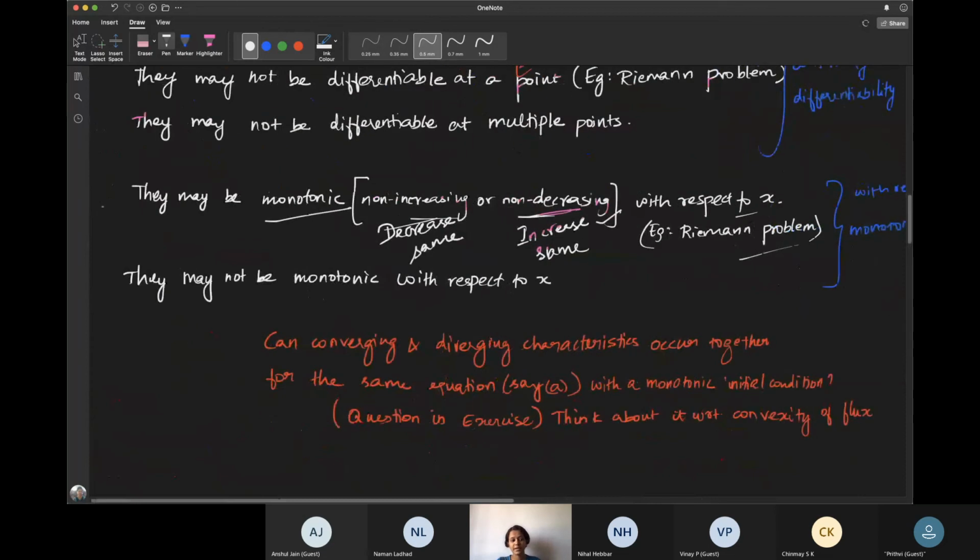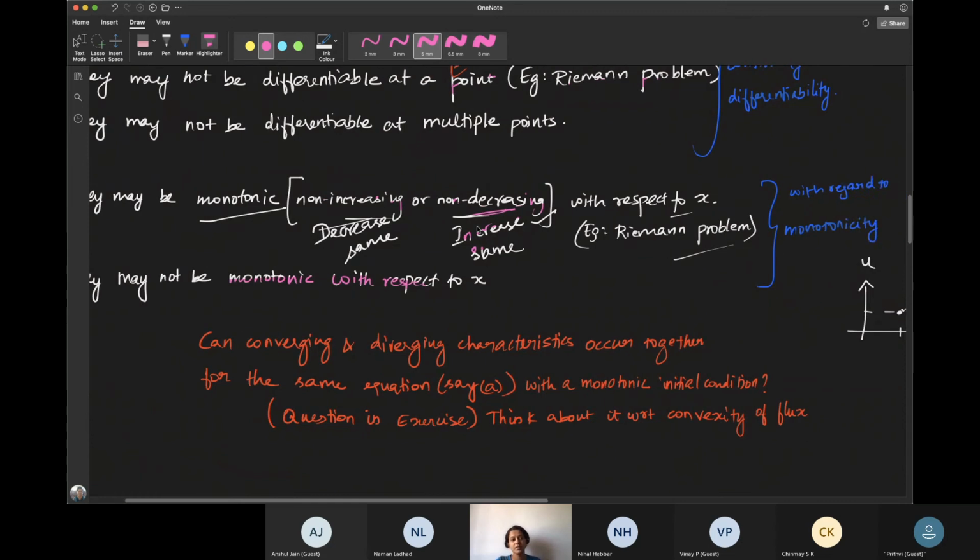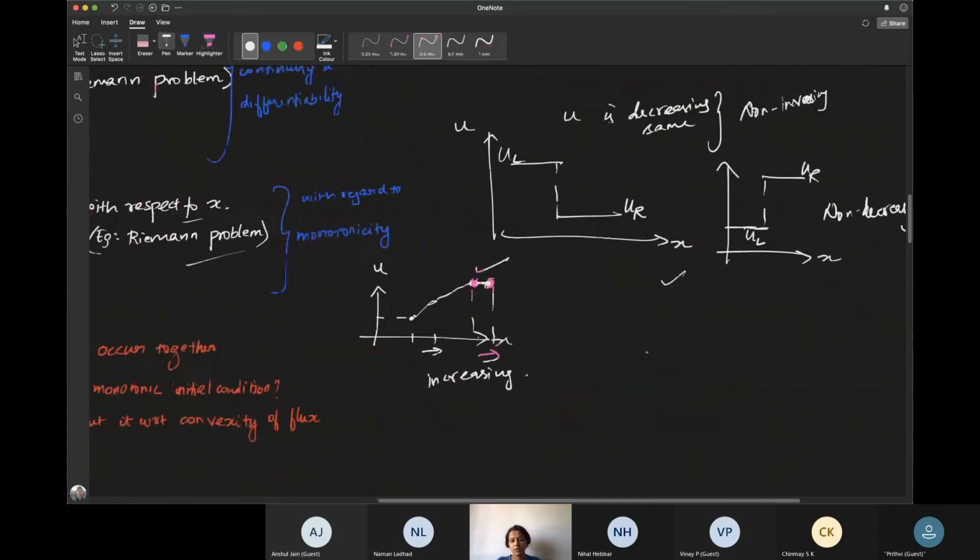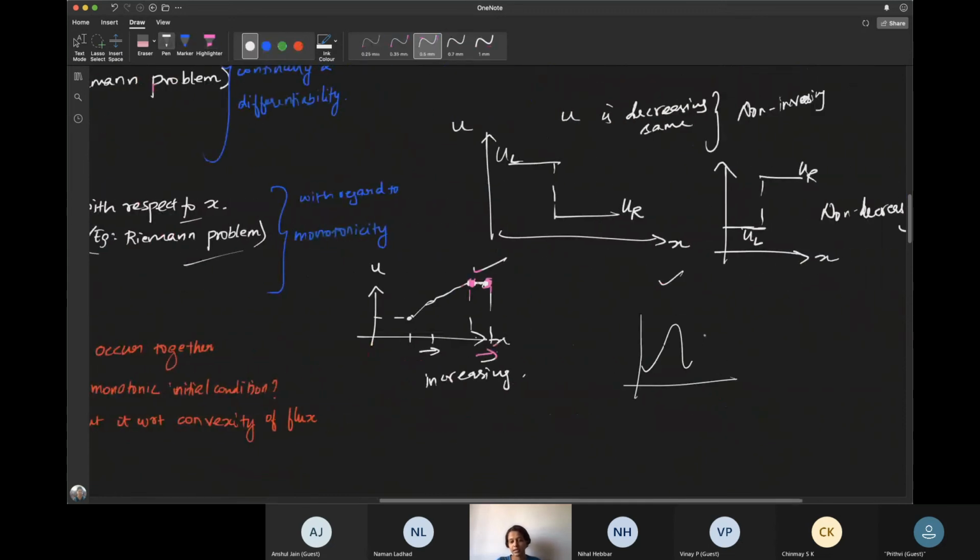This is one type of initial condition. Or we may have some initial condition in which there is no monotonicity. That is, a function can either increase or decrease or do anything. So this is a non-monotonic function, some general function.